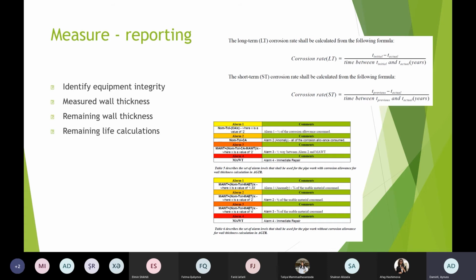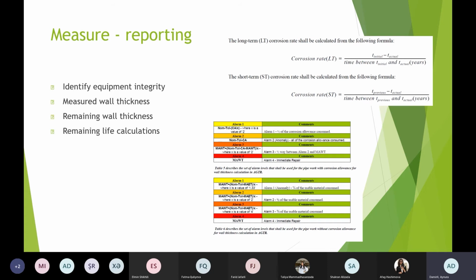But alarm 3 or 4, where 4 is our last stage, there is a definition of minimum allowable wall thickness, and starting from this point we definitely need to repair. If we do not do anything in 1 year or even in 6 months, the material will be degraded, and a leak or incident may happen.